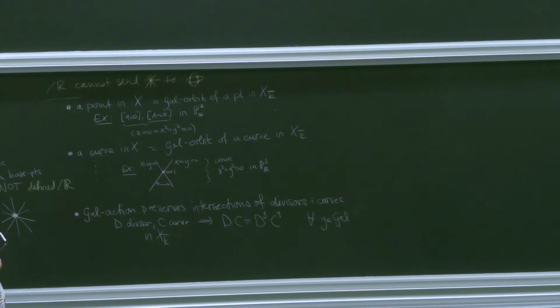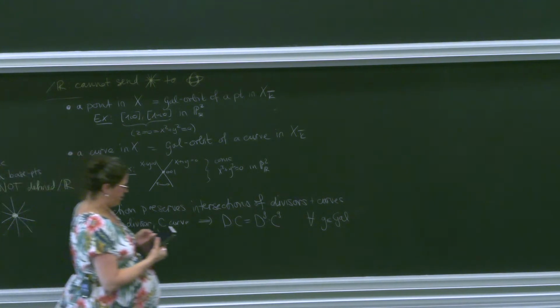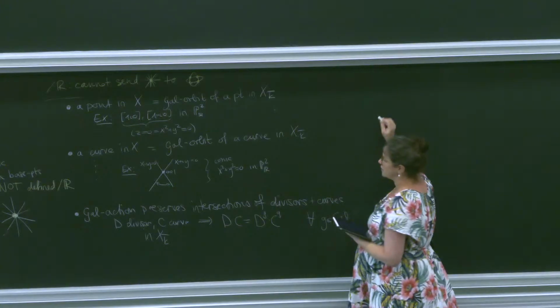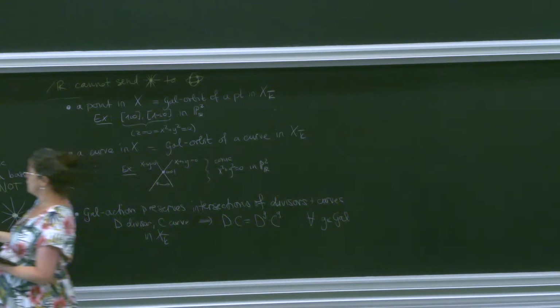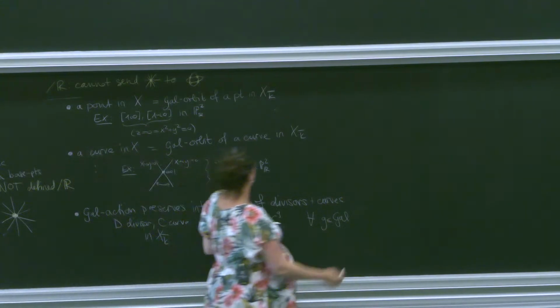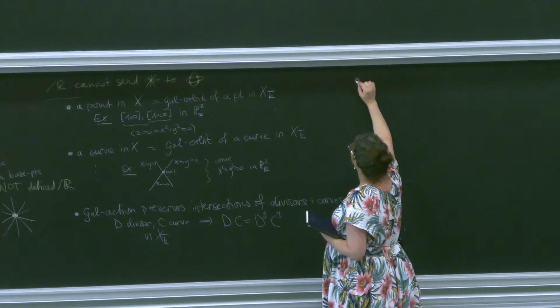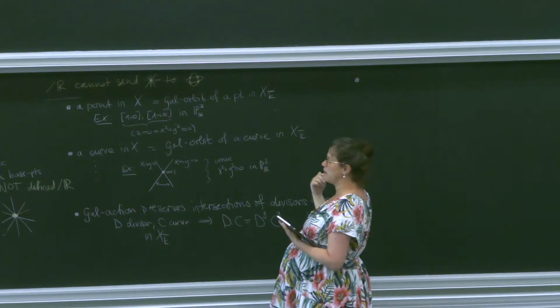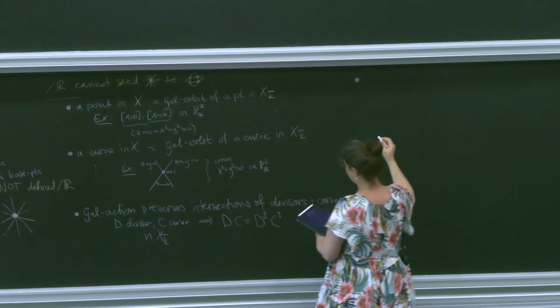Okay, and then what I used here to say that this is not defined over R is actually my definition of what it means to be R-birational or C-birational or K-birational.